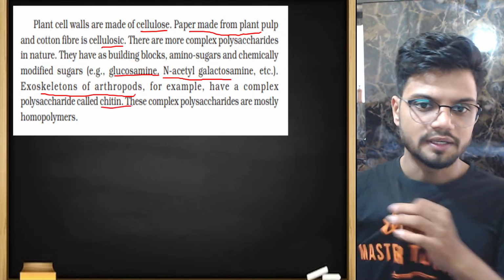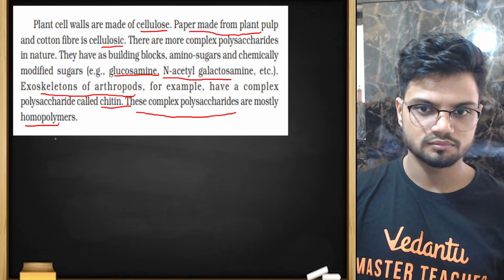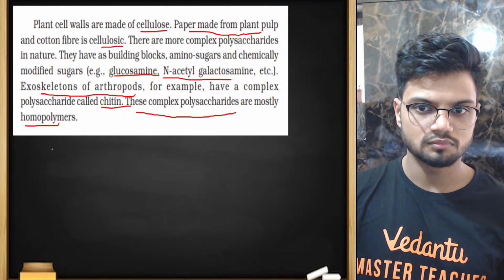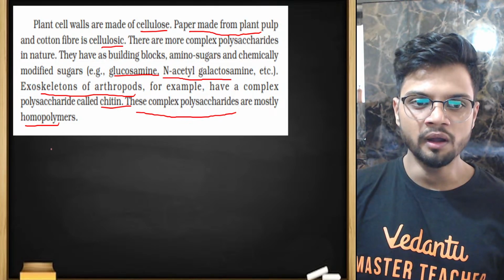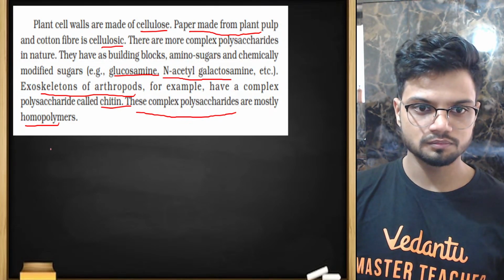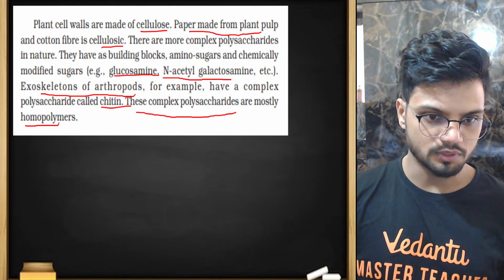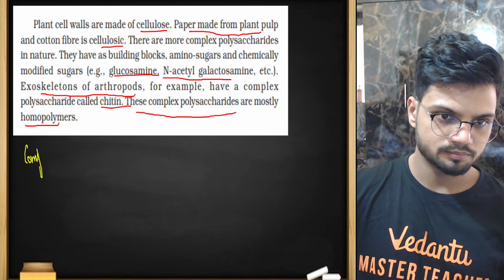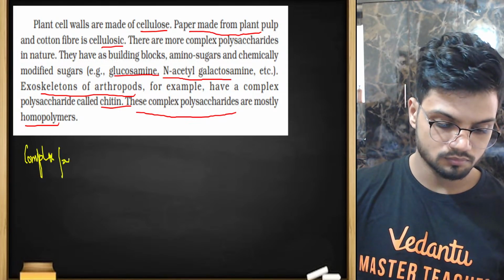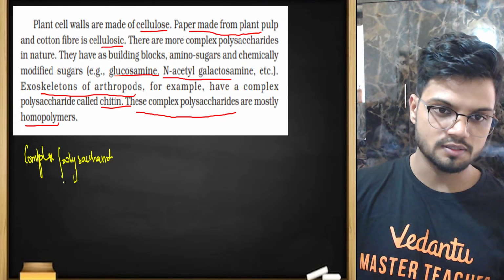Chitin. These complex polysaccharides are mostly homopolymers. So write down one concept here called complex polysaccharides.